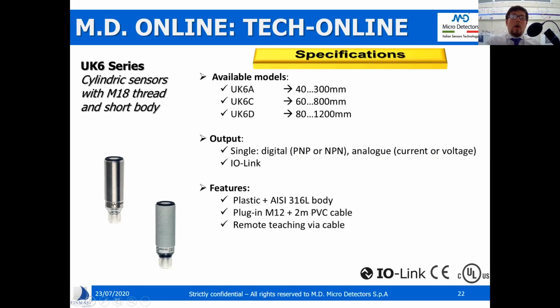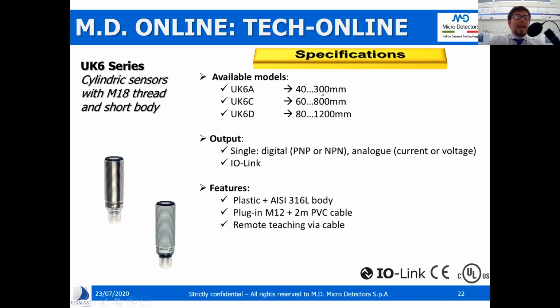Let's move now on the UK6 series. The UK6 are cylindric sensors with M18 thread and short body. As you can observe here, the cluster based on the sensing distance has 3 subfamilies: UK6A, UK6C, UK6D, and these distances are lower with respect to the ones we have seen for the UK1.